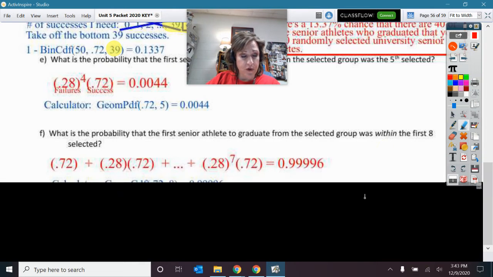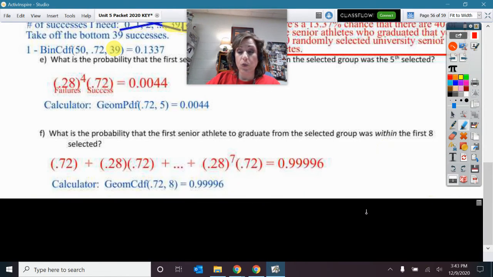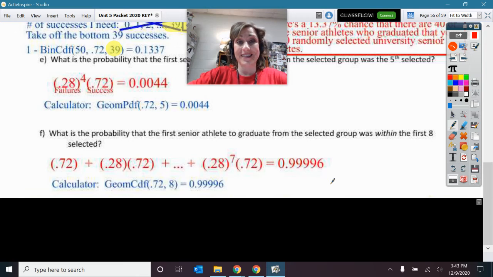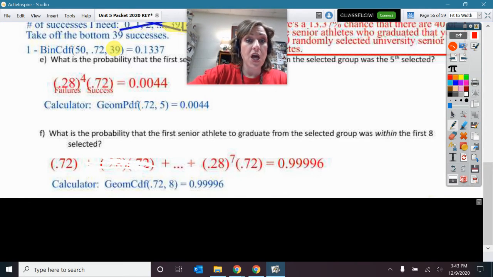Let's look at the work you have to show. I actually do not have to show this second term, just show the first term up to the last term. That's a success on the first one up to a success on the 8th trial.